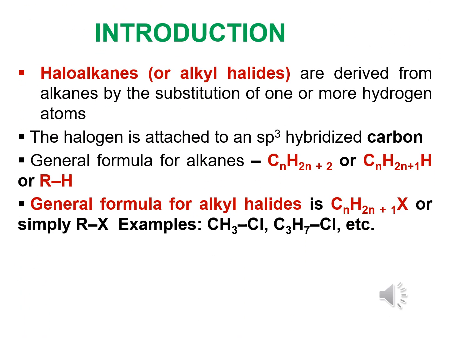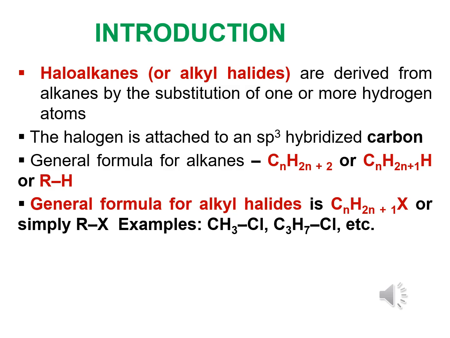Alkyl halides. These are obtained by replacing one hydrogen of an alkane with a halogen. Remember, the carbons in alkanes are sp3 hybridized carbons. So the carbons of alkyl halides are still sp3 hybridized because the presence of the halogen did not affect the saturation.